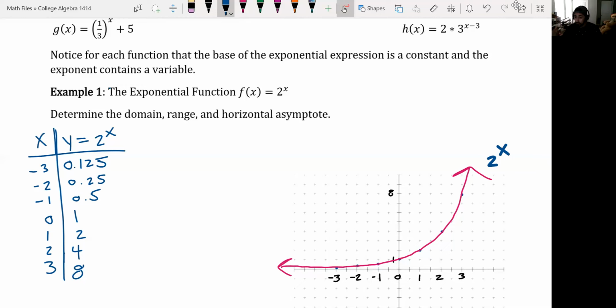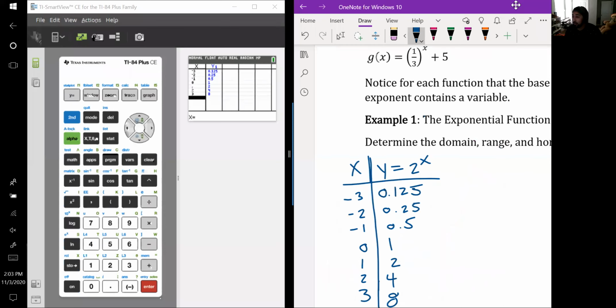So let's explore that with the calculator. So looking at my values on the left, let's say I go more negative. Let's say I choose -4, -5, -6. Look at my numbers: 0.0625, 0.03, 0.015. What if I chose -10?